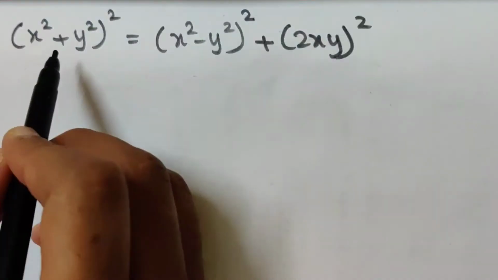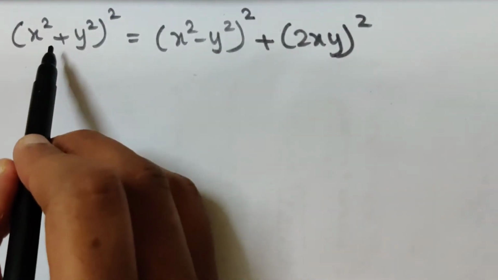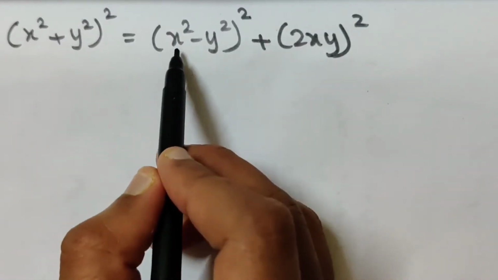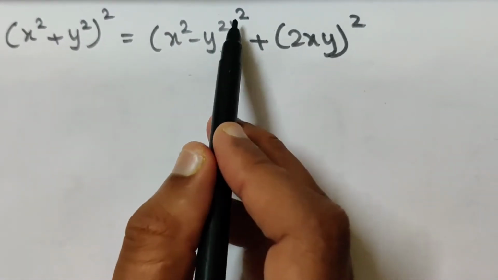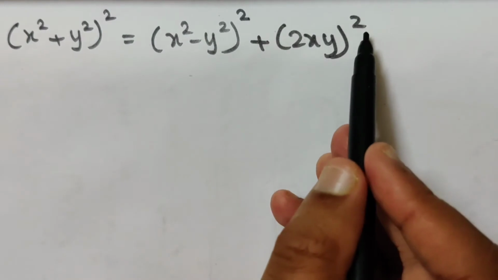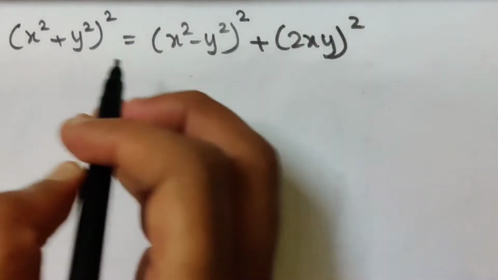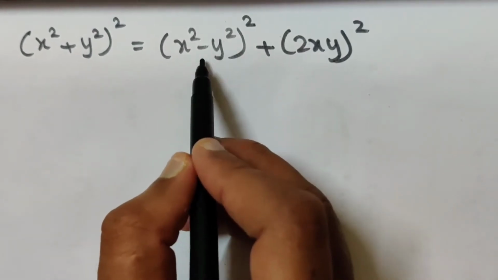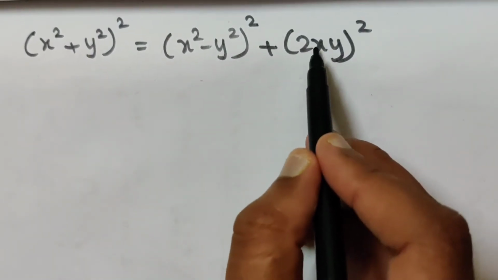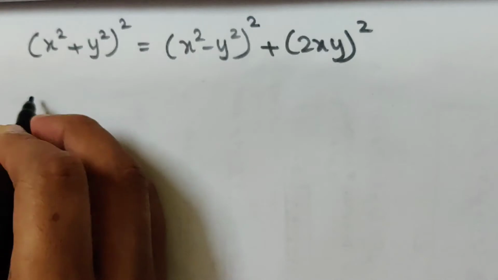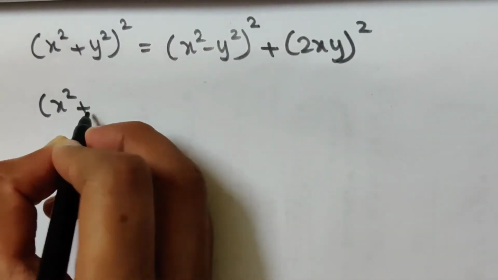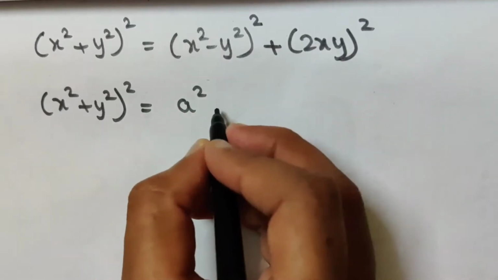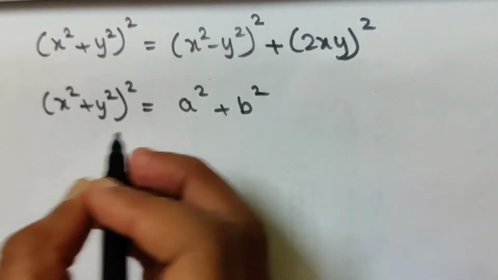Now using the identities, we can get the result, that is x square plus y square the whole square is equal to x square minus y square the whole square plus 2xy the whole square. From the first equation and second equation, my x square minus y square value is a and 2xy value is b. So I am going to replace here. So x square plus y square the whole square is equal to a square plus b square.